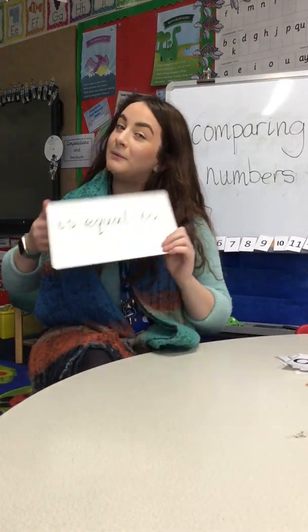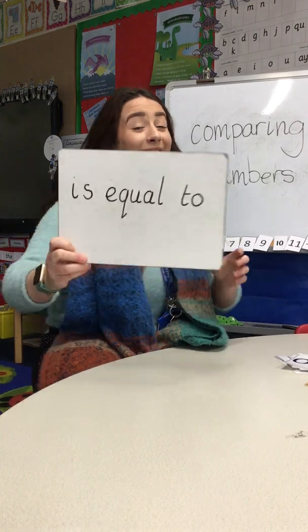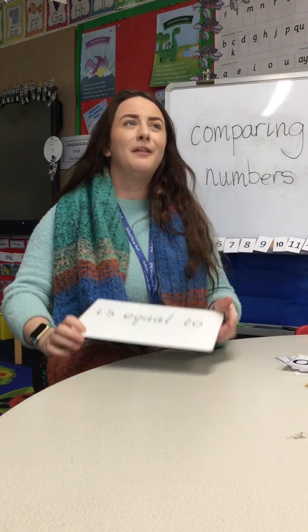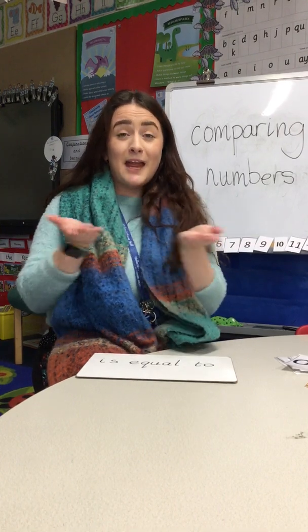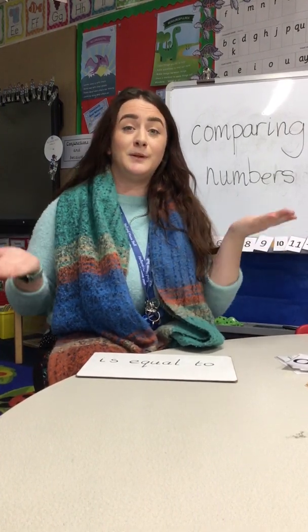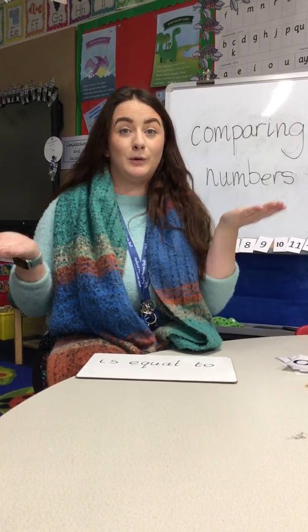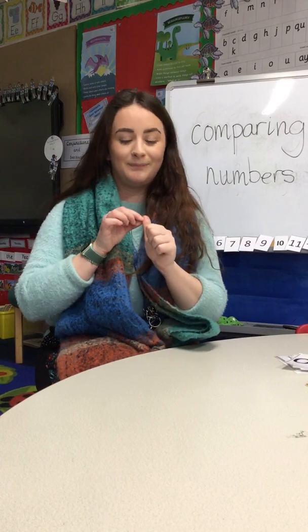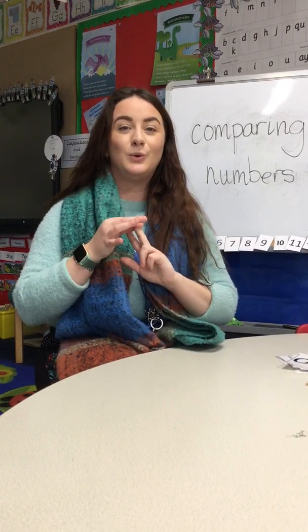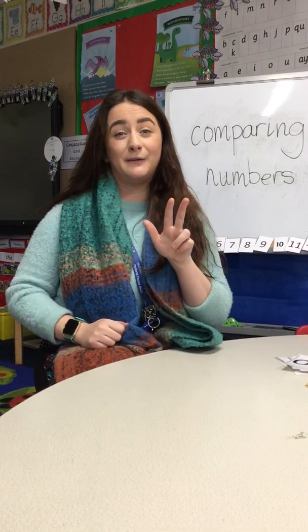Oh, I wonder if anyone can remember this one. Let's see if you can read it. It's equal to. That means that they are the same. They are equal. So the numbers would be the same, or the amount would be the same, the objects in the group. So we have more than, less than, and equal to. There are 3 things that we need to remember for our vocabulary today.